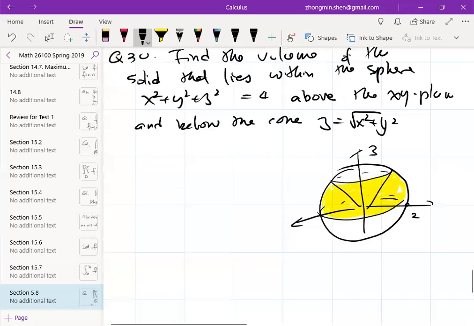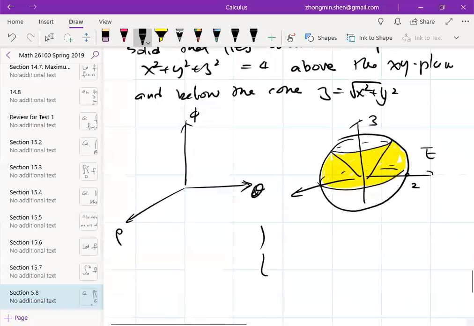So use the spherical coordinates. Let's set up the integrals. This is E, right? And I want to find the corresponding simple region. Okay, the map is still this map: x equals rho sine phi cosine theta, y equals rho sine phi sine theta, and z equals rho cosine phi.